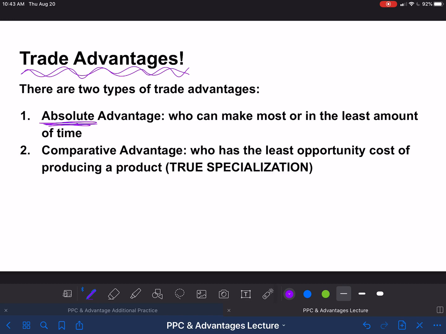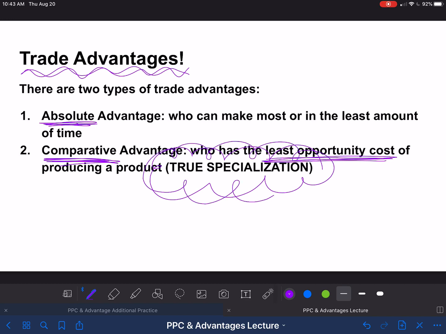The second type of advantage that we can use to figure out who should trade what is comparative advantage. Comparative advantage focuses on the least opportunity cost of producing a product. And this is called true specialization.